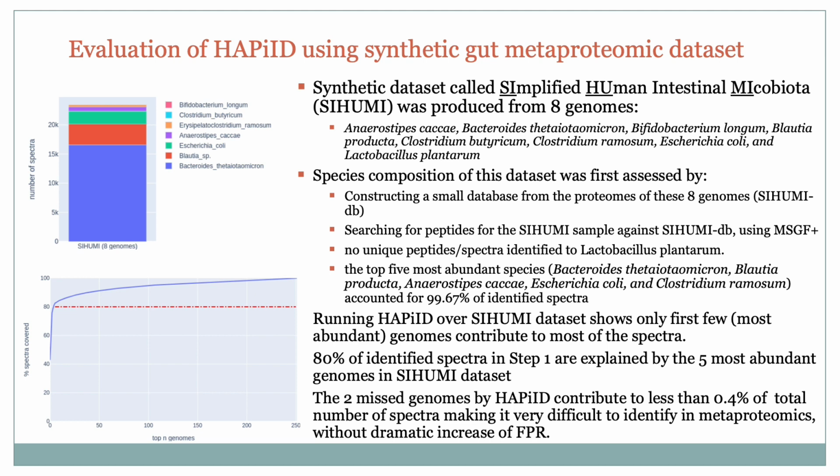HiTSeq was able to identify all 5 abundant species in this cohort. The other 3 species are very rare, and we also show that we cannot be too aggressive in identifying species, otherwise we're going to include a lot of false identifications.